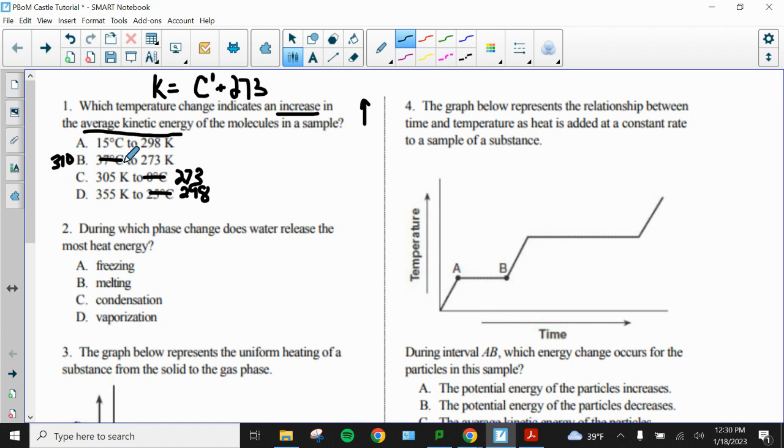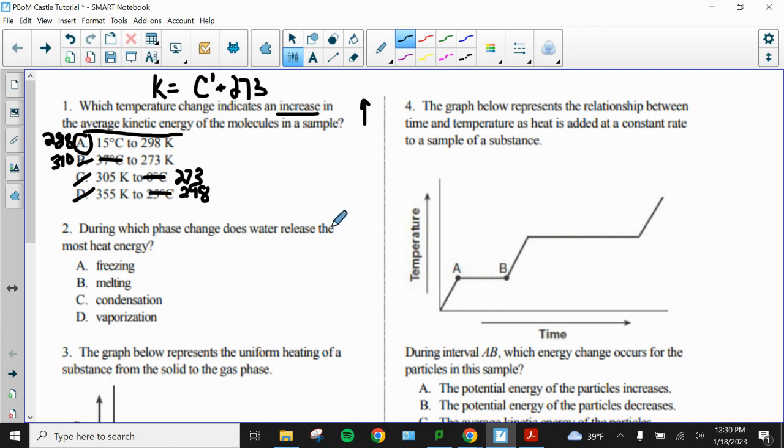And then 15 plus 273 equals 288. Now you can see that only one of them, A, is actually increasing in number. This B is decreasing, C is decreasing, D is decreasing, looks like by about the most. So there you go. The answer is A.